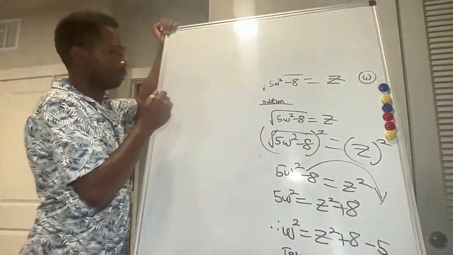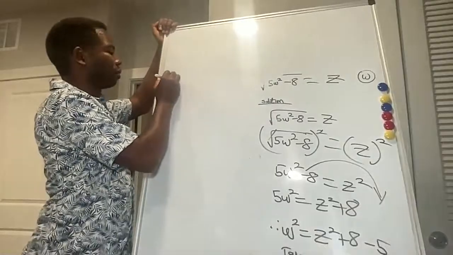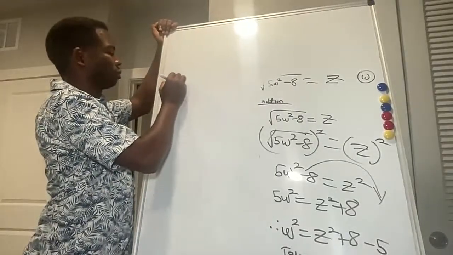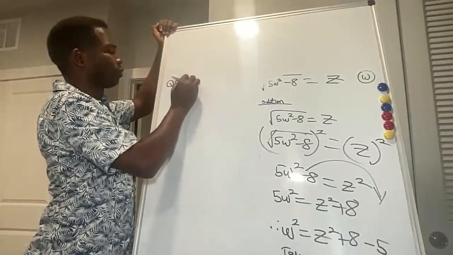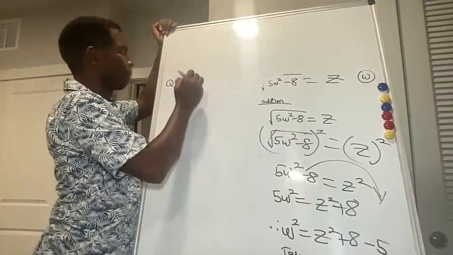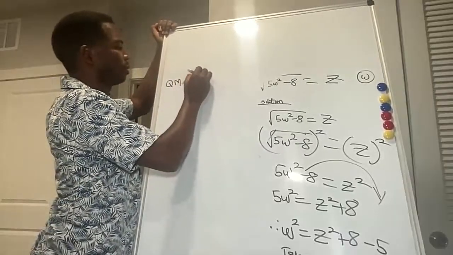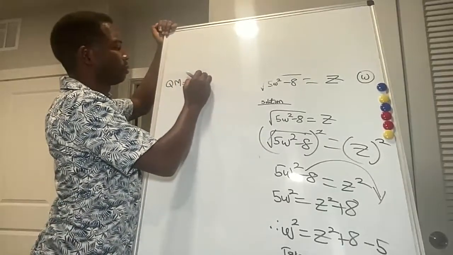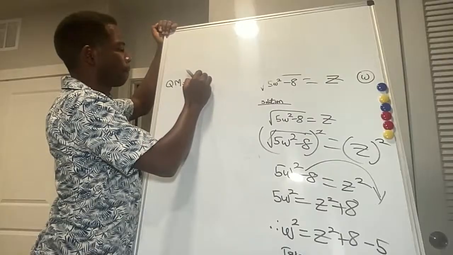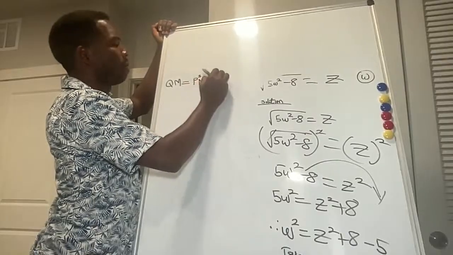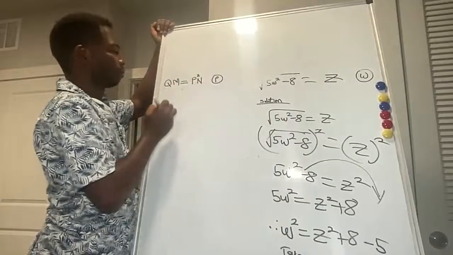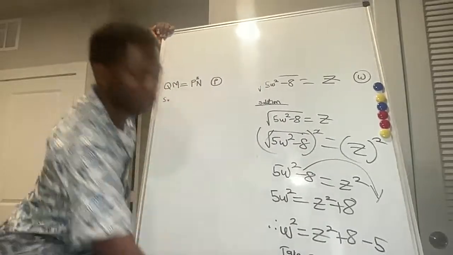Let's take an example. Let's look at Q n is equal to P cubed, and make P the subject of the formula.